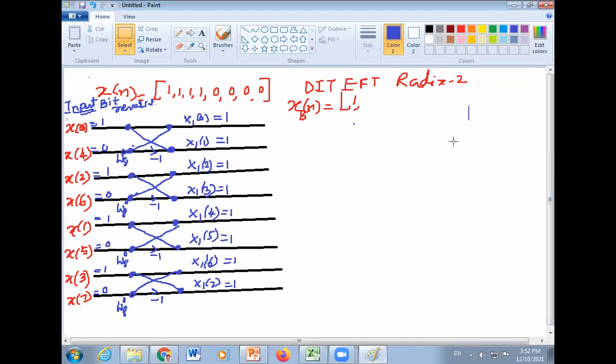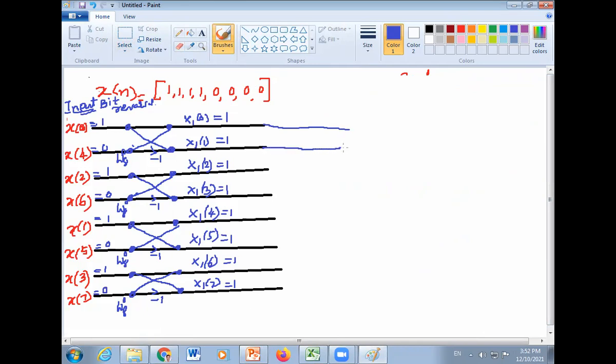So let us continue with the diagram again. तो ये यहाँ तक आएगा. Let us complete this. हमें ऐसा 3 स्टेज कैलकुलेट करना है.